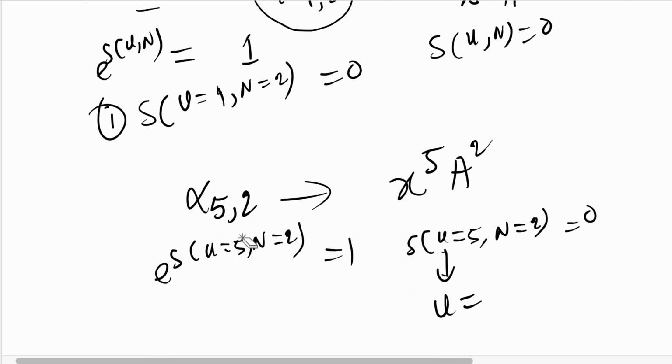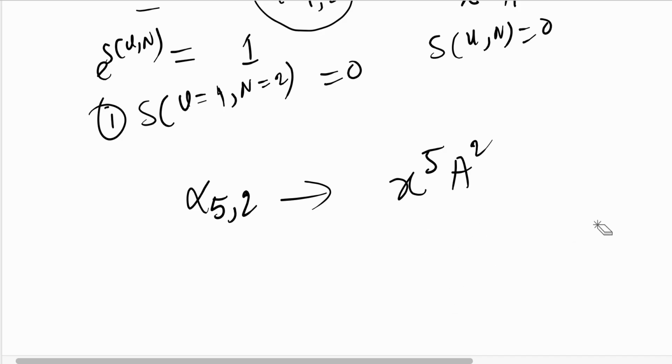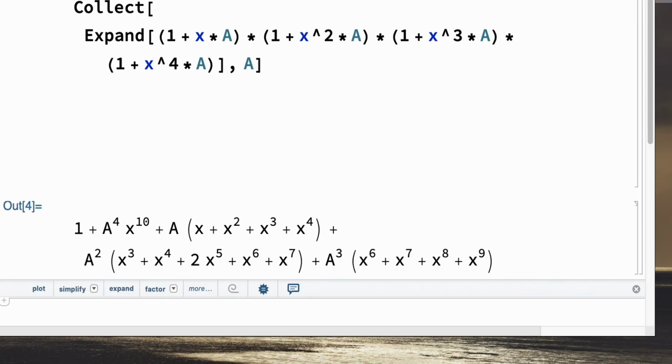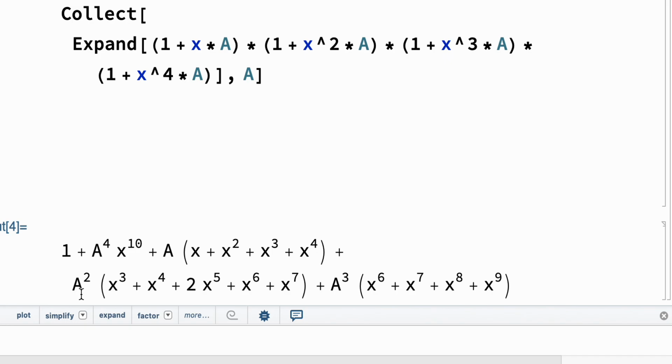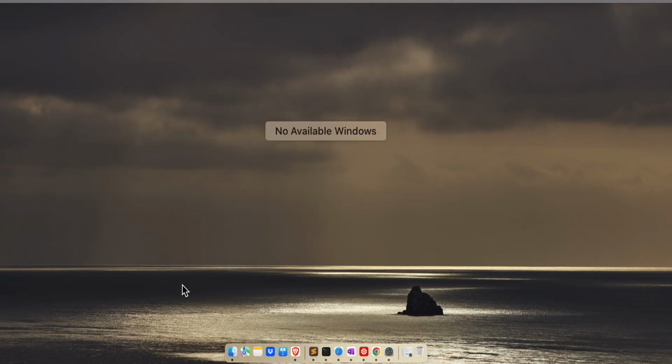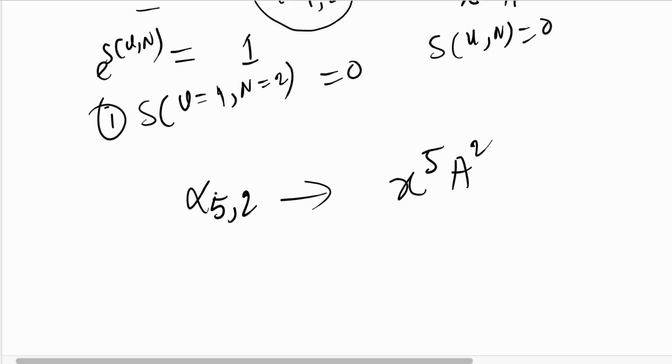So now I have to check what the coefficient is for the x to the power 5 and a square element. Let's check that. You find that for a square and x to the power 5, the coefficient is actually 2. That means alpha 5 2 is actually 2, not 1.